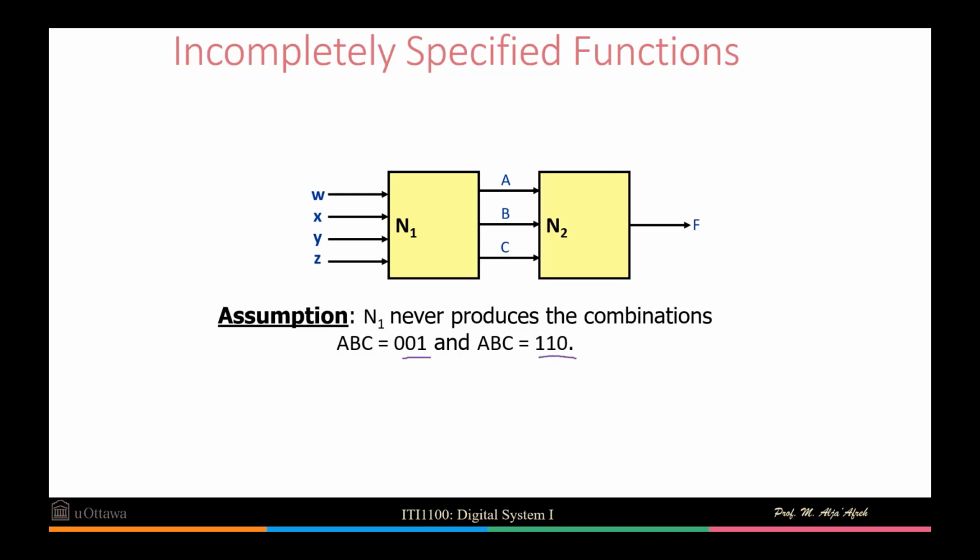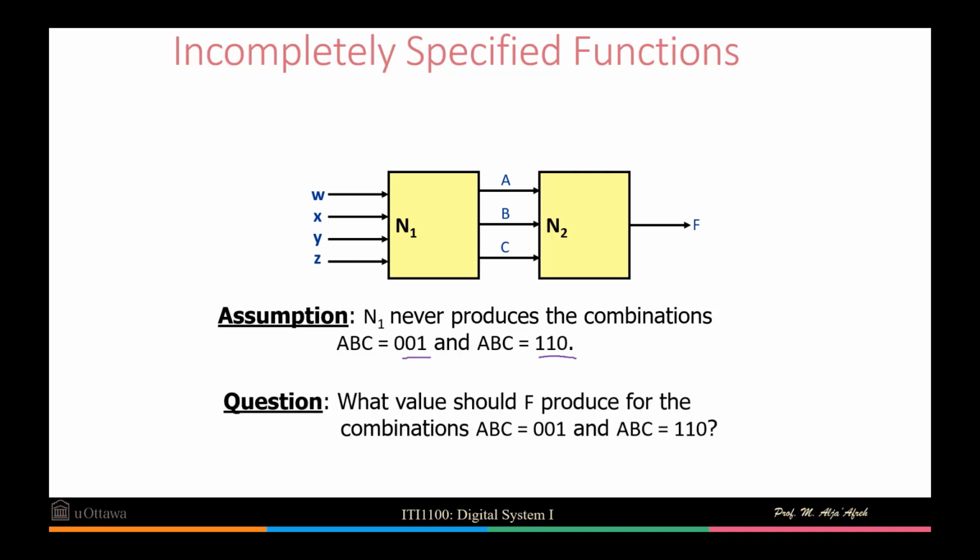So in other words, the inputs for N2 will never include the combination of 001 and 110. So the question we need to ask is what value should F produce for the combination of 1 and 6? What are the values?